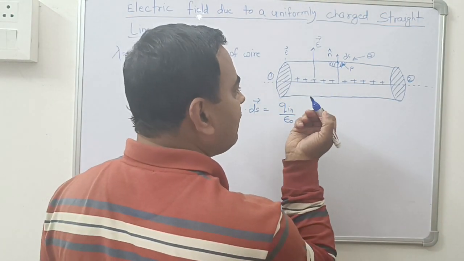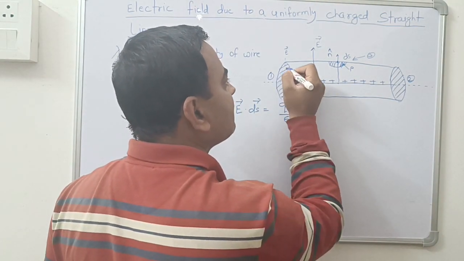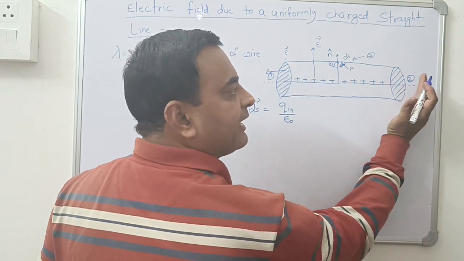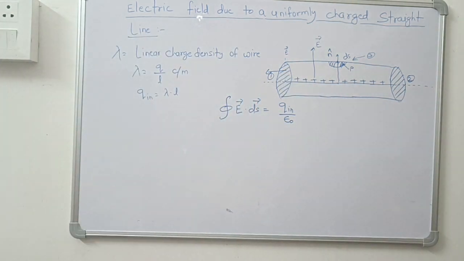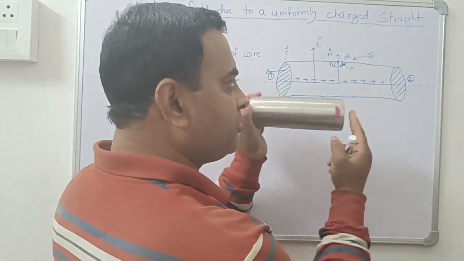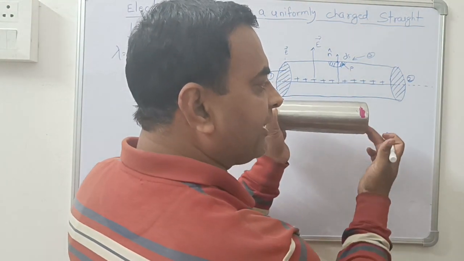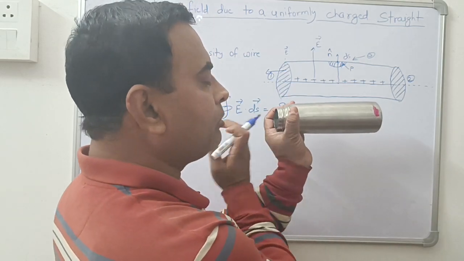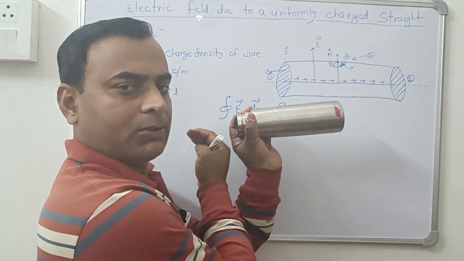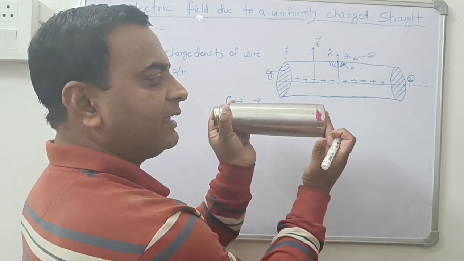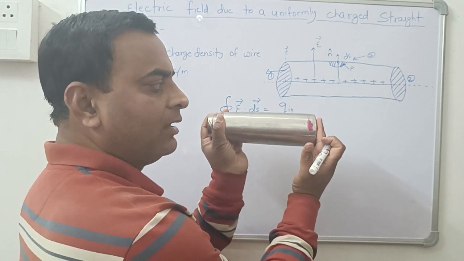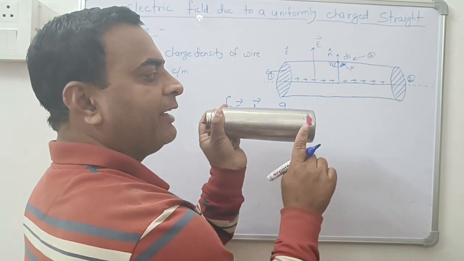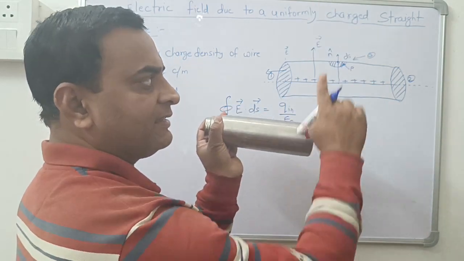So what is the direction of area? For this cross sectional area, the area vector will be perpendicular to it. And for this other cross sectional area, what will be the area vector? This side, whereas your electric field is in this direction.